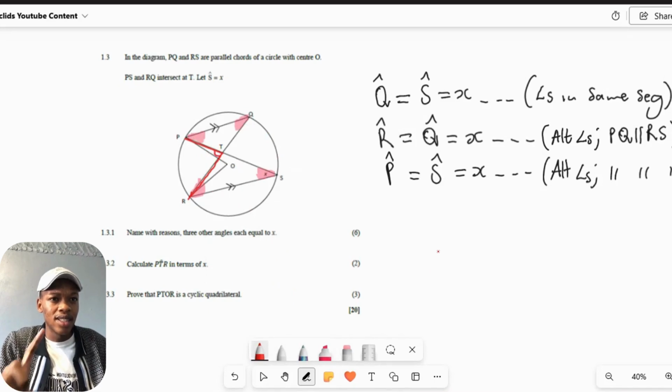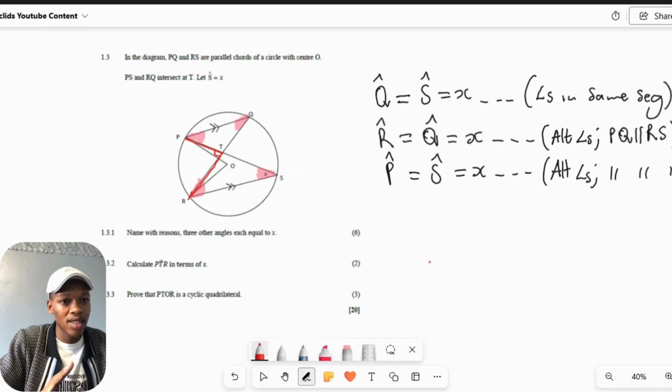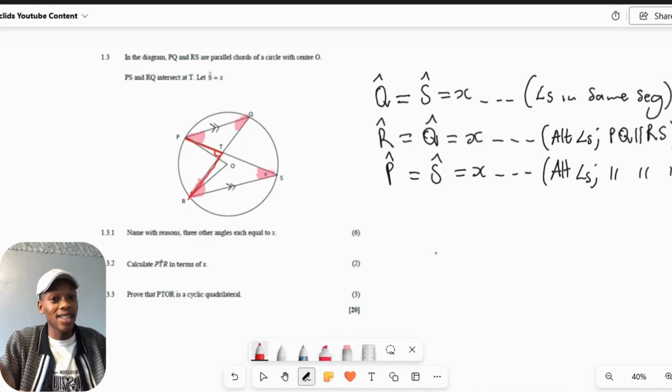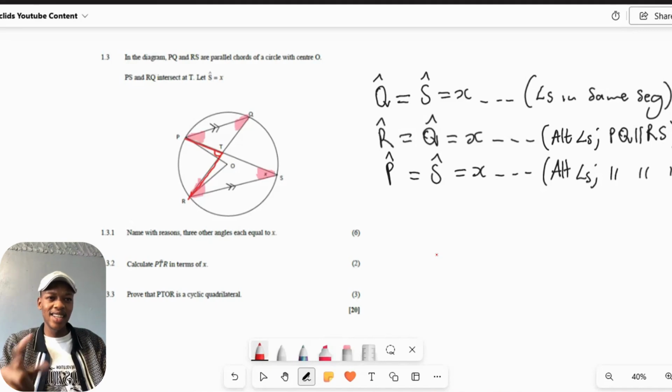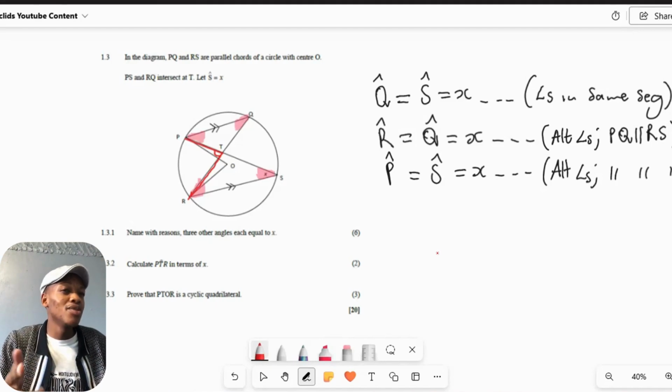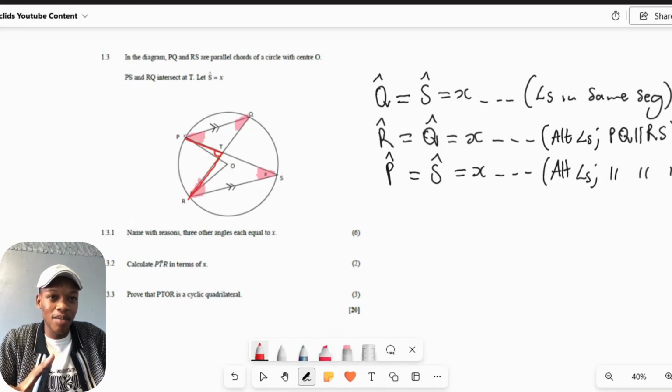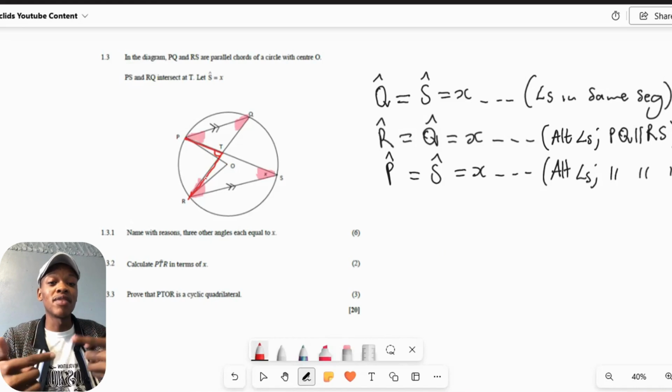Right. It's an exterior angle towards TPQ. They say in terms of X. It's an exterior. Can we use same segment? No. There is something like a same segment, but there is something like a bow tie. PTRO is forming a bow tie. But the problem is we haven't proved that we have a cyclic quad there.